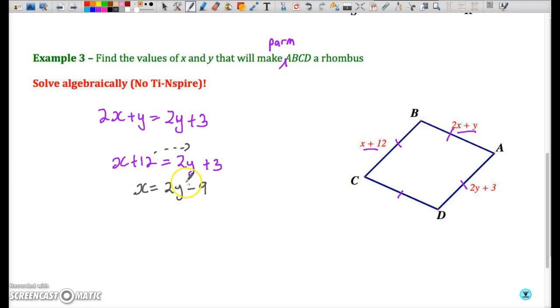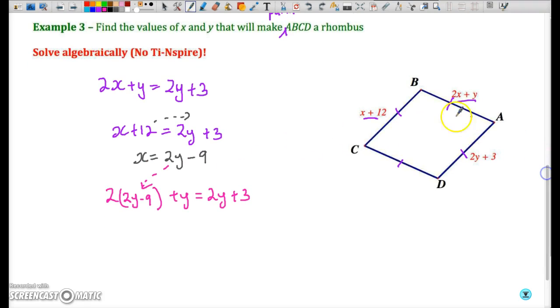I'm now going to take that value and substitute it into the other equation in the place of x. And so our equation 2 times x plus y is equal to 2y plus 3, and I'm going to substitute in 2y minus 9 in the place of x, because x is equal to 2y minus 9.